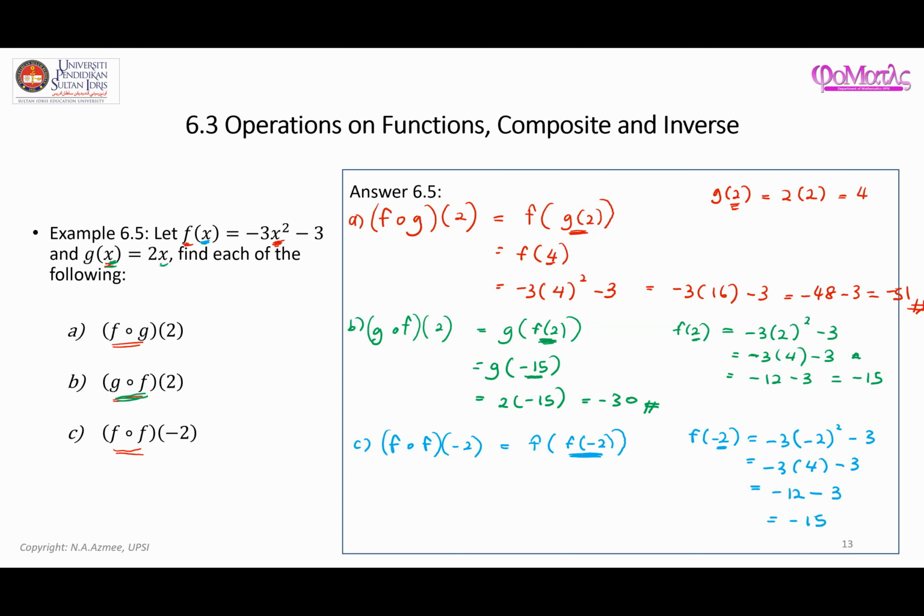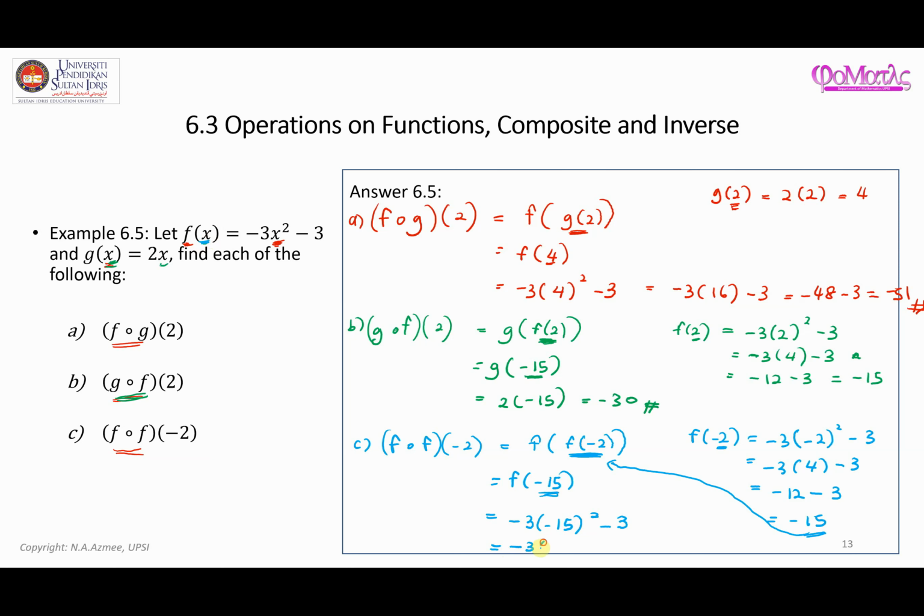Now we're going to use it in this function, so now f(-15). You have to just substitute -15 into x. So now I will have -3 times (-15) squared minus 3. (-15) squared is going to be positive 225.